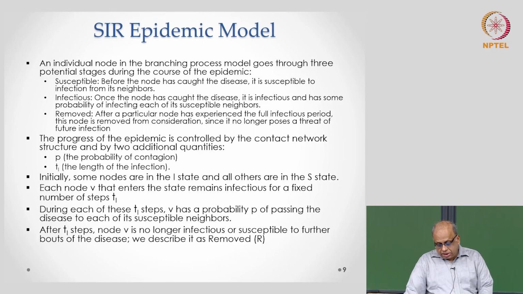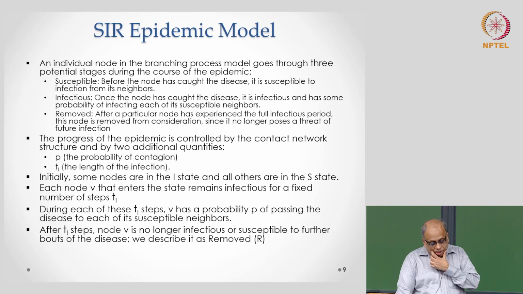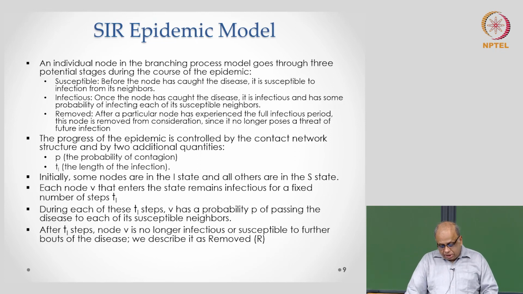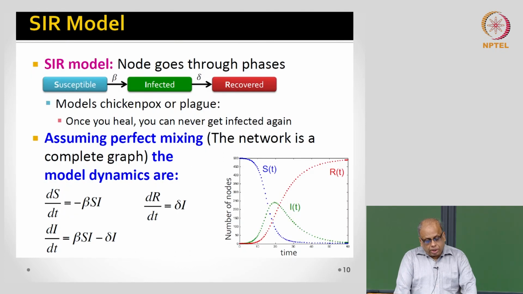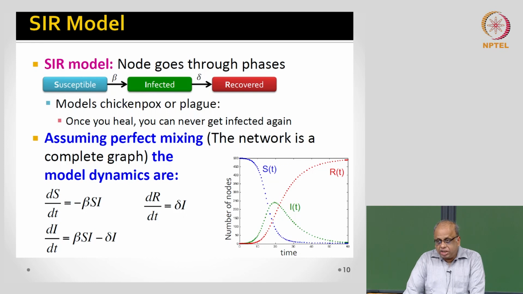During each of those steps V has a probability of passing the disease to each of its susceptible neighbors. After t steps, the node V is no longer infectious or susceptible, so we have it in the removed state. Okay, so we have susceptible, infected, and recovered or removed.